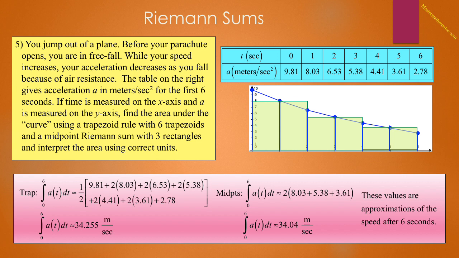We get 2 times 8.03 plus 5.38 plus 3.61, and that gives 34.04 meters per second. These values are the approximations of the speed after 6 seconds. So we're traveling approximately 34 meters per second, which is approximately 76 miles per hour.